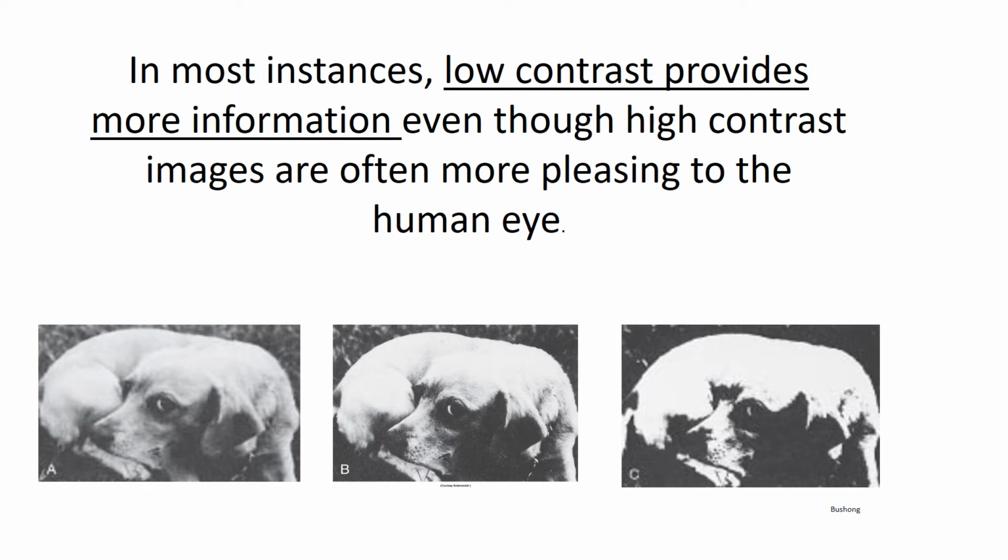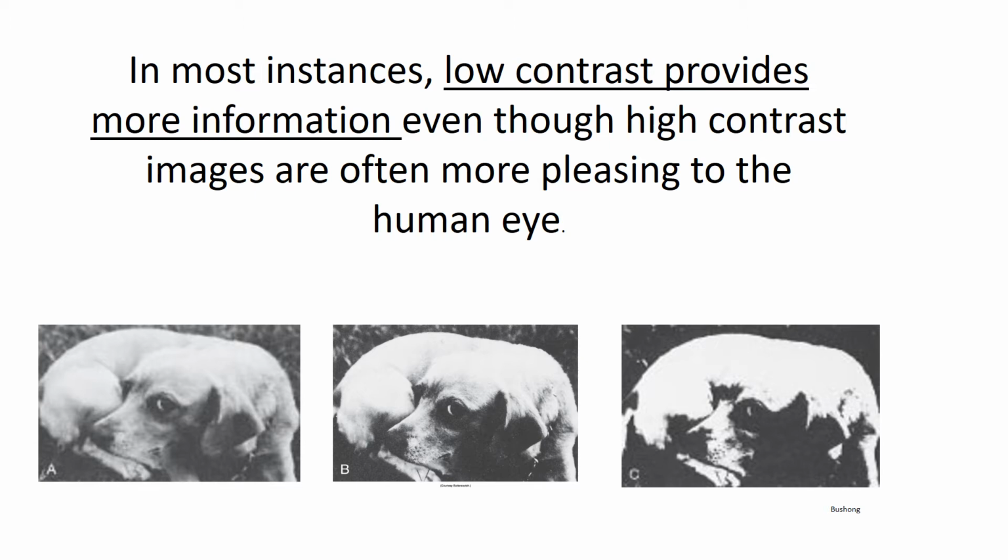In B, what are we doing? We're taking more of the grays out. It's giving me a little bit more black and white image. And then in C, we've taken pretty much all the grays out, and we're left with more or less a black or white image.